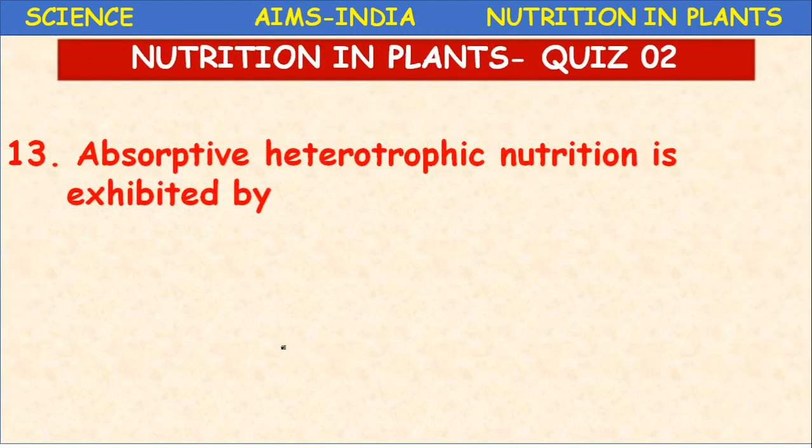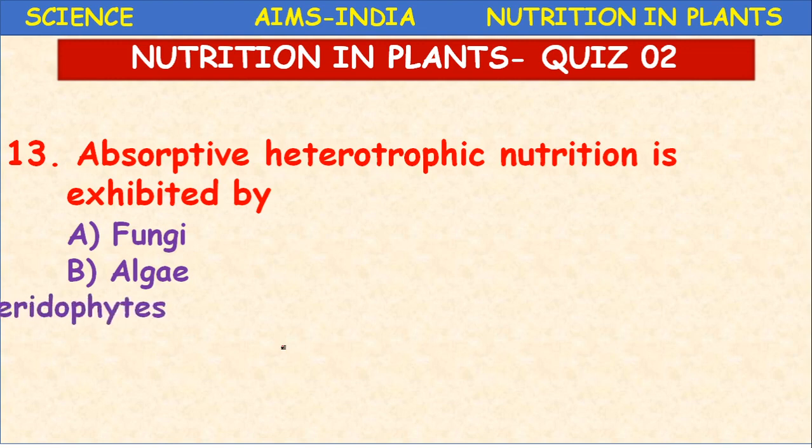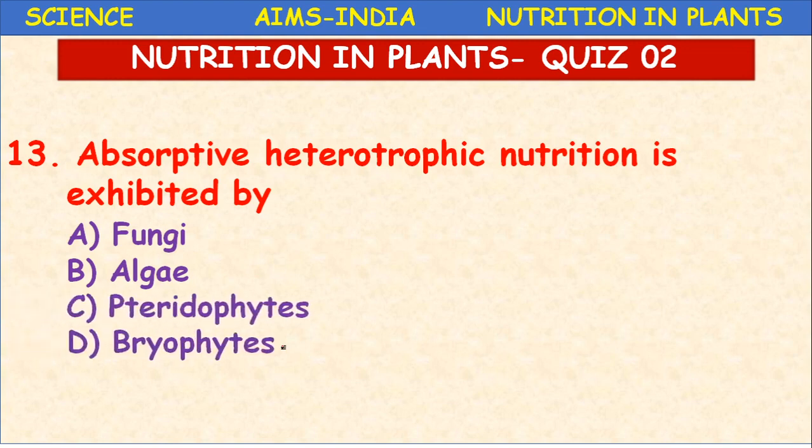Absorptive heterotrophic nutrition is exhibited by fungi, algae, pteridophytes, bryophytes. Different groups of organisms are given. So what is the right answer?